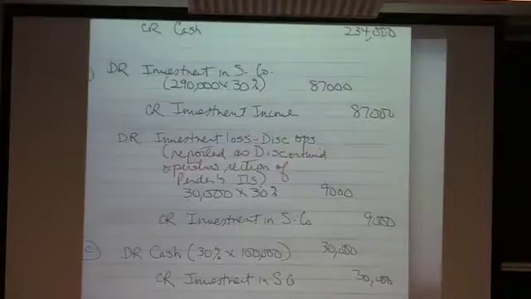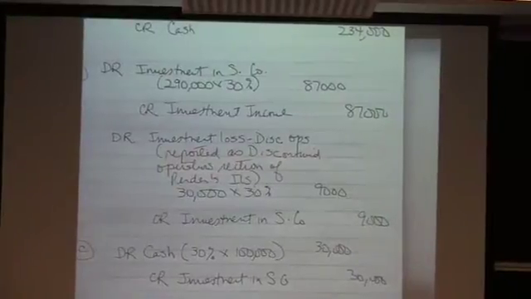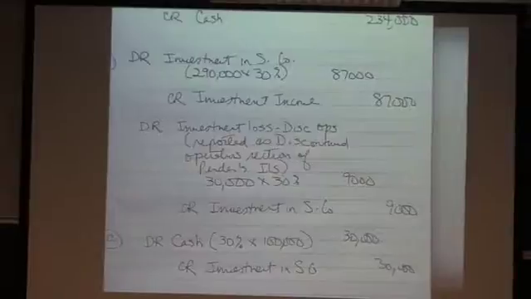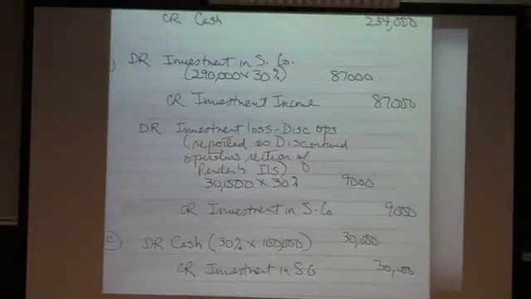Now, Part 2 requires us to determine the value of the investment. In this question, there wasn't any acquisition differential. Remember we talked about acquisition differential: it's going to impact the way we adjust the income.